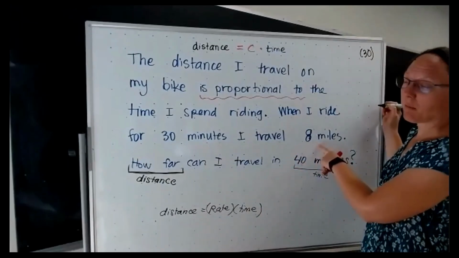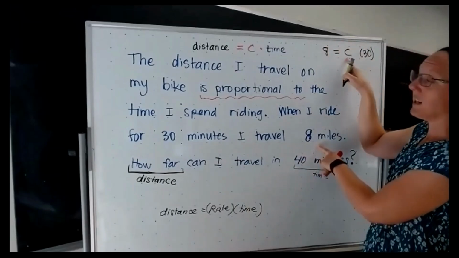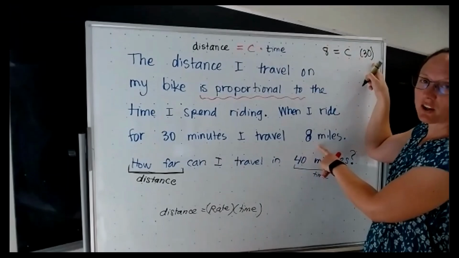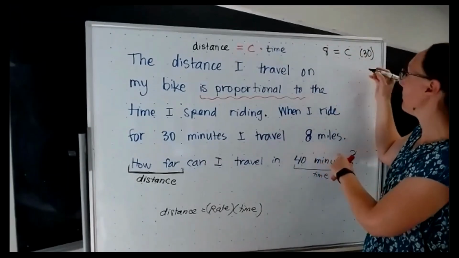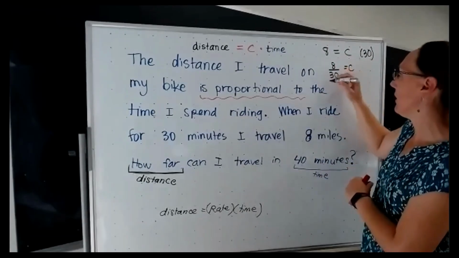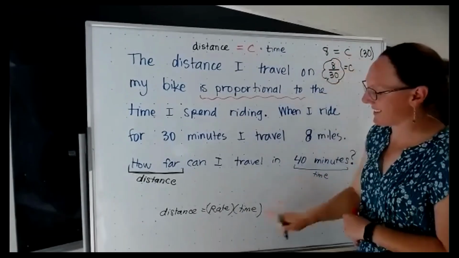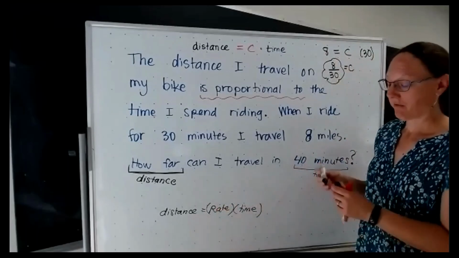And I traveled 8 miles. So I know that the 8 miles is equal to some constant times 30, or that constant is equal to 8 divided by 30. And that is the same as the rate that I would need to come up with a final answer down here.